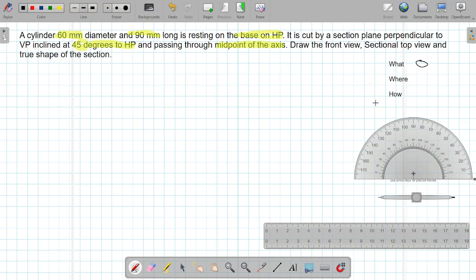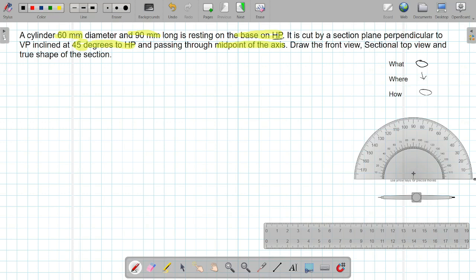So this is what we have to draw. Where to draw: it is resting on its base on HP, and on HP means it will be starting below the XY line. How to draw: because it is a circle, it will be drawn as a circle itself. So no issues on how to draw the circle.